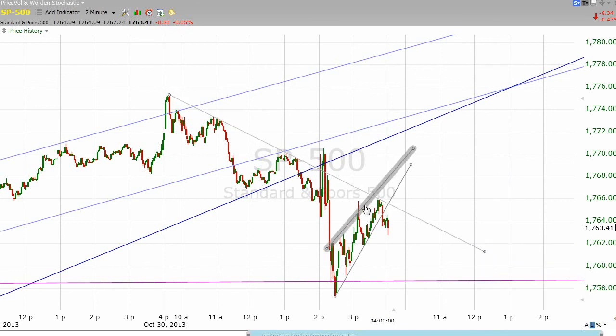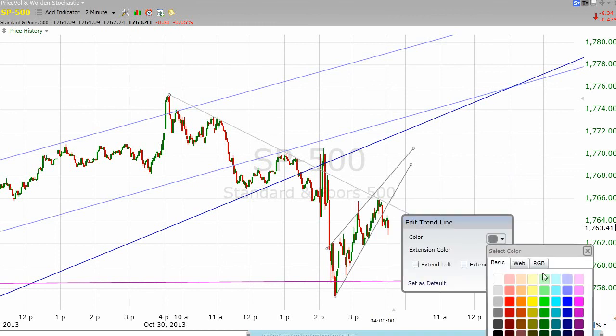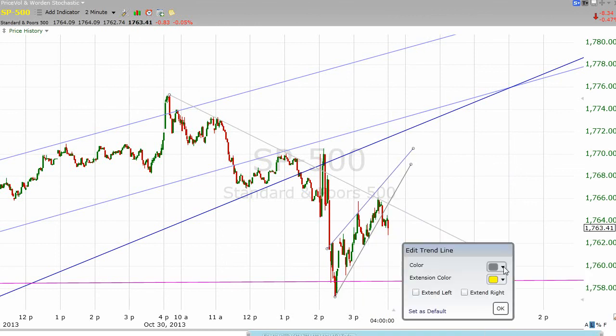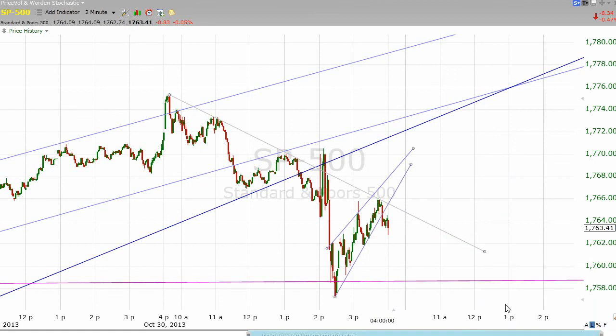I'm going to make this my bear flag color, which is light blue. Coming in tomorrow, we'll just need to keep an eye on it and see if we come back down, if this little neckline holds again, or if we get some strength at some point. If this apparent resistance line were to break, that could signal this is just a momentary break in the action.